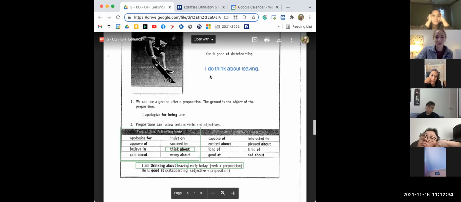This helping verb do, in informal speaking, we often add in front of the main verb of the sentence. This is still the main verb. This is the extra verb. It's a helping verb. And some English speakers will add that verb to show emphasis. I do think about leaving.